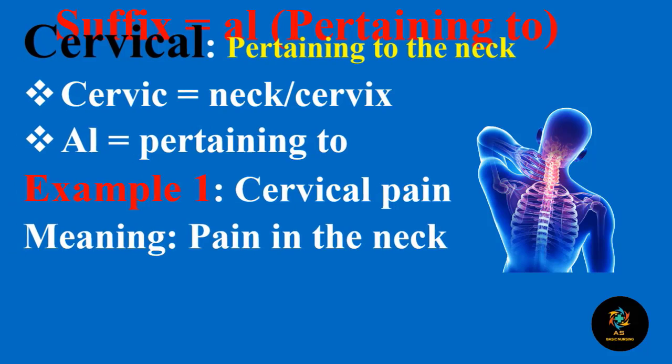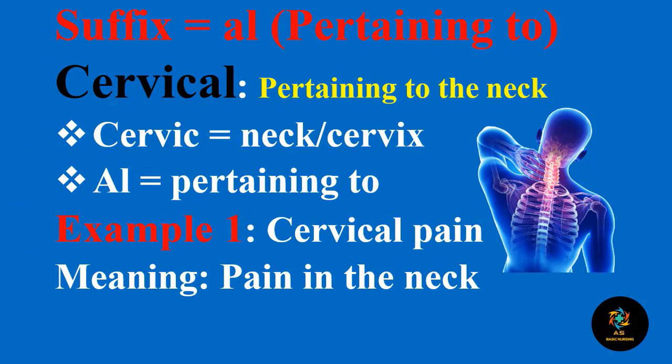The next adjective suffix we have is al, meaning pertaining to. Adjective suffixes simply means pertaining to. So the first example we have under this suffix is cervical. Cervical simply means pertaining to the neck. Cervic, which simply means the neck or the cervix.